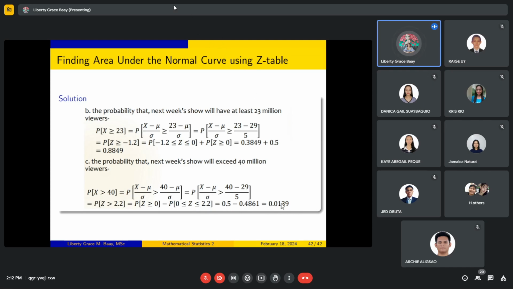And the probability of z between 0 to 2.2, let's see, 2.2 is here. Minus 0.5 is 0.4861. Okay, this is subtracted from 0.5. So this is equal to 0.0139.